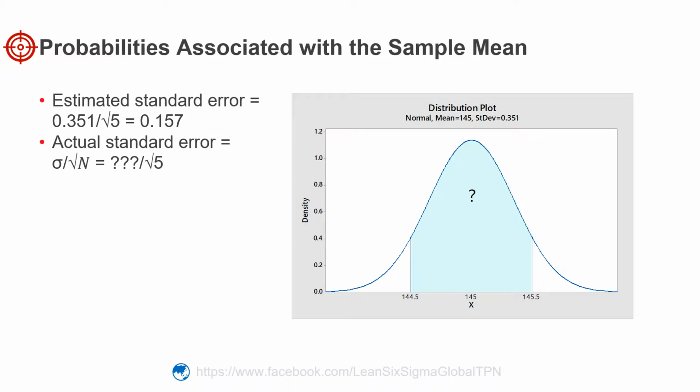Depending on whether we have overestimated or underestimated the population standard deviation, we may have calculated a z-score that is too large or too small. So how can we answer our questions about the process mean given our uncertainty about the standard error?